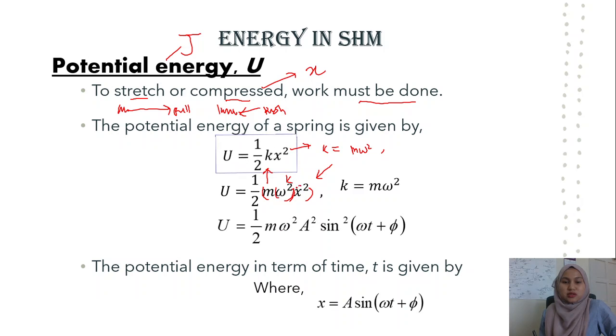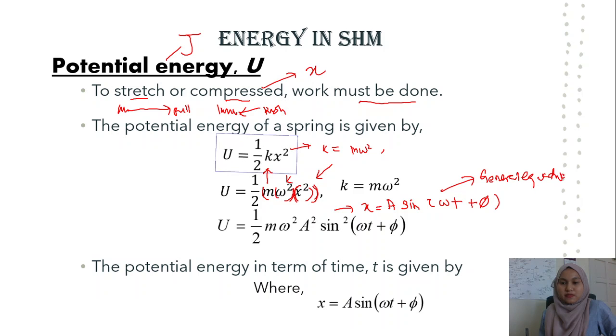If no x is given, we can substitute the equation of motion of x. If we take the equation of motion as x equals a sine of omega t plus psi, where psi is the phase constant, this is the general equation of displacement with respect to time.